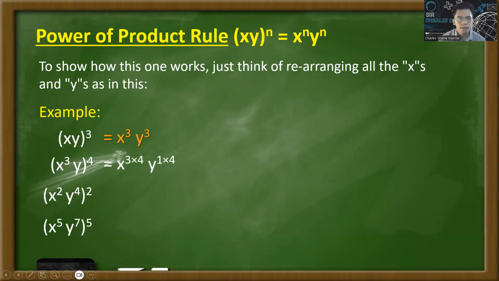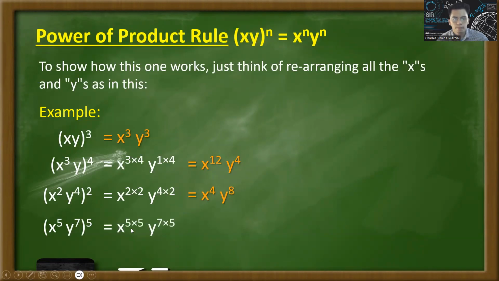Next, multiply then 4 times 3 and 4 times 1. That is equal to x raised to 12, y raised to 4. Same, 2 times 2 and 4 times 2. That is equal to x to the power of 4, y to the power of 8. Multiply again, 5 times 5 and 7 times 5.